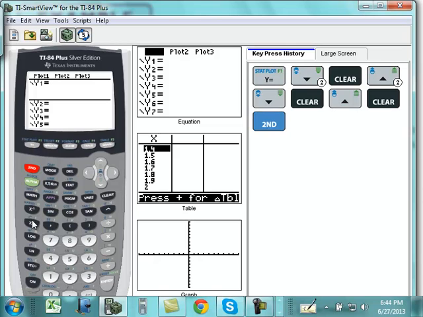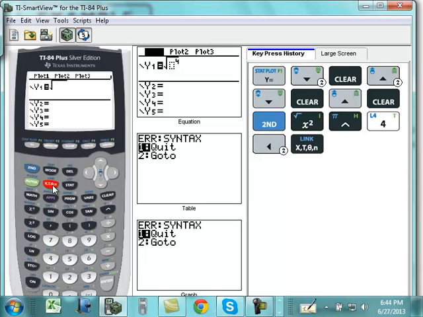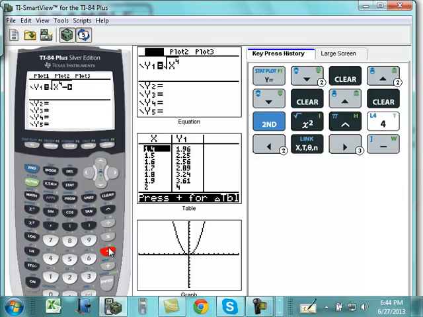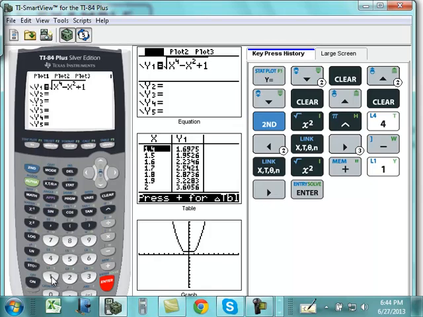So let's do square root of x raised to the 4th power, minus x squared, plus 1. Okay, enter.